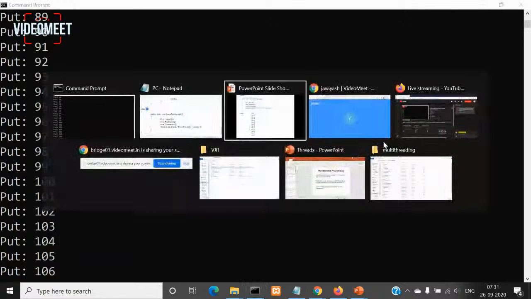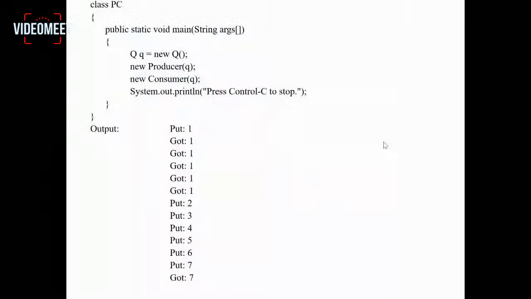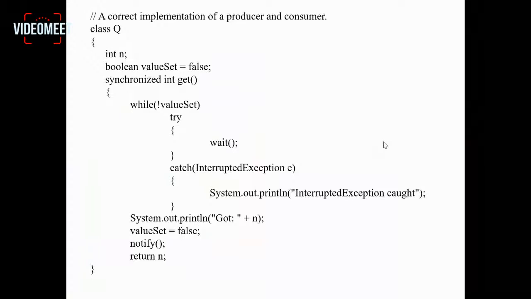To do that, we'll use an alternative mechanism by using the wait method, notify and notifyAll methods. This is the correct implementation of producer and consumer.